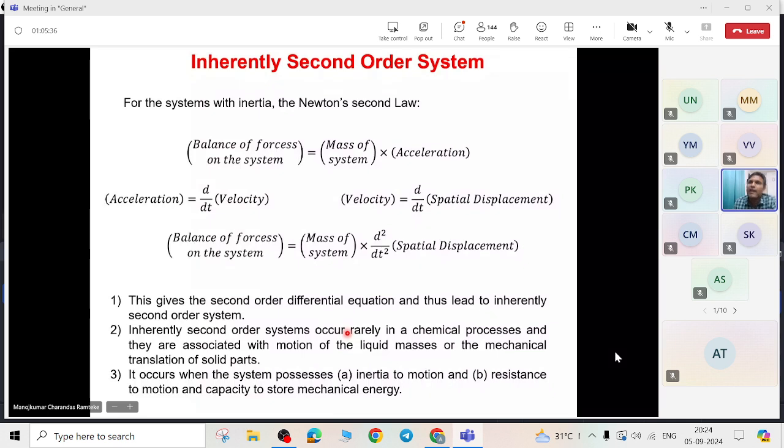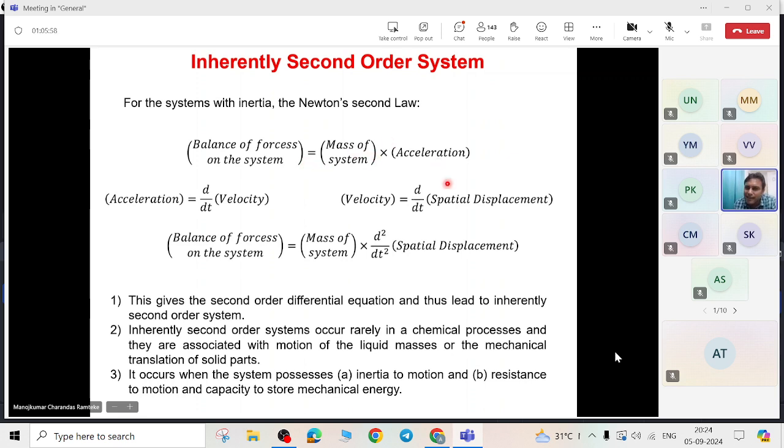The second case is when we have an inherently second order system. We get an inherently second order system whenever there is inertia associated with the system. So whenever the system has inertia, we can represent the force balance. So the force balance will be given by what? The balance of the forces on the system should be equal to the mass of the system times acceleration, isn't it?